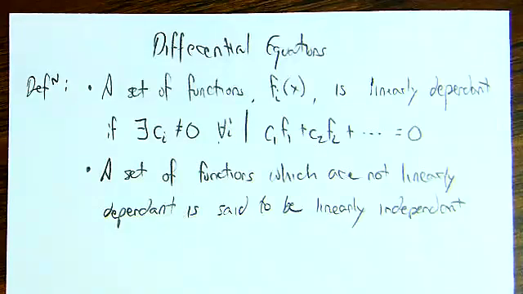What this means is what we're aiming for. If I'm saying the two functions are linearly dependent, that means that you can get one of the functions through some combination of the other functions. And if they're linearly independent, that means that you can't get any of the functions from a combination of the other functions.